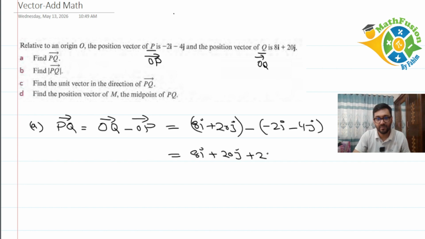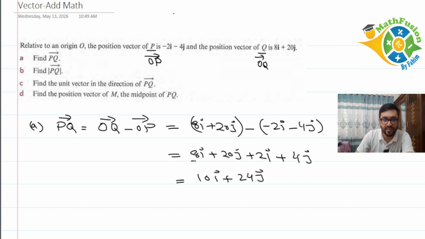So 8i plus 20j plus 2i plus 4j, then we get 10i plus 24j. We add the two items, which is 8 and 2, they will be added to 10i, and 20j and 4j will be added to 24j.